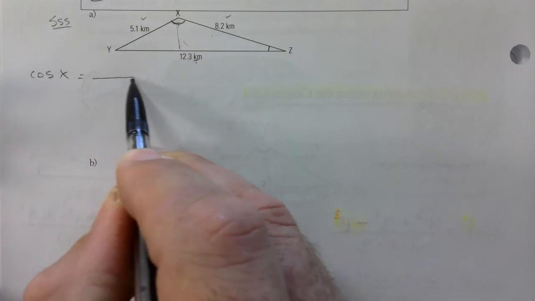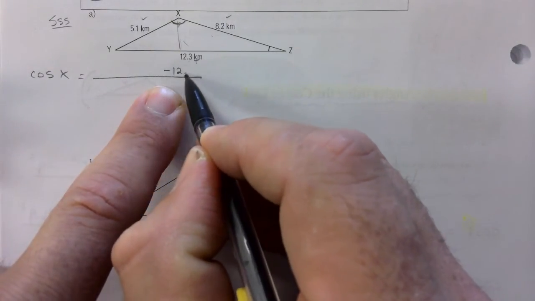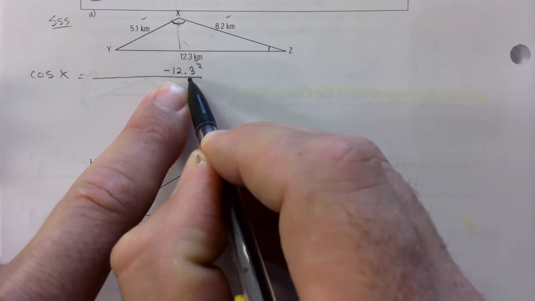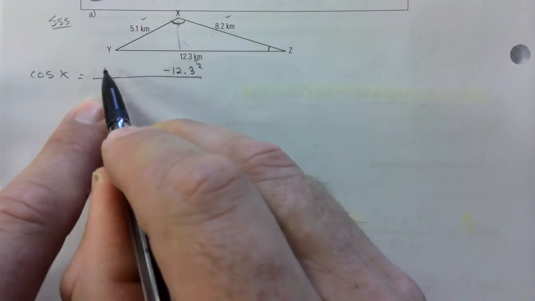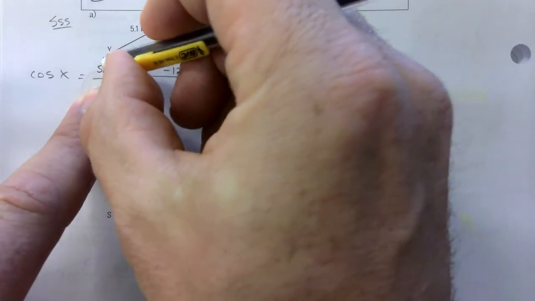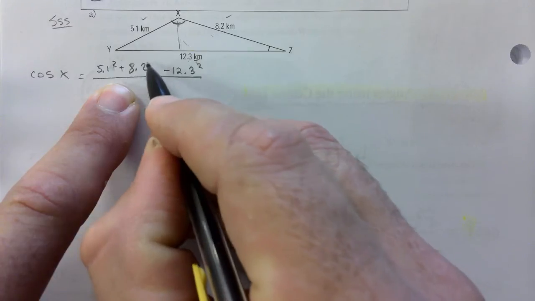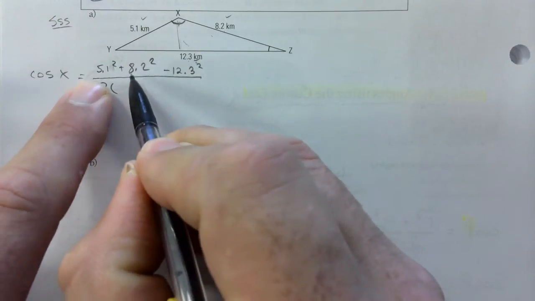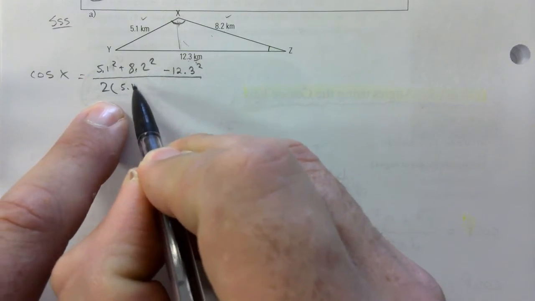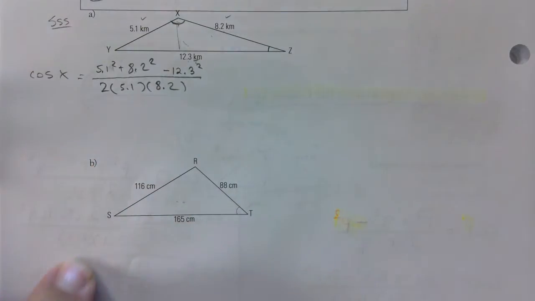So just pay attention. If you did this already, no problem. You still want to get this right. So 12.3 squared is going to be subtracted at the end. I grab the first two, square those, and add, right? And then at the bottom, you want these two to show up again, but they're just multiplying, okay?